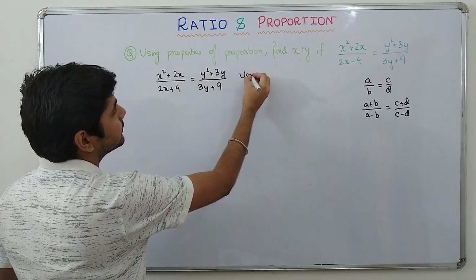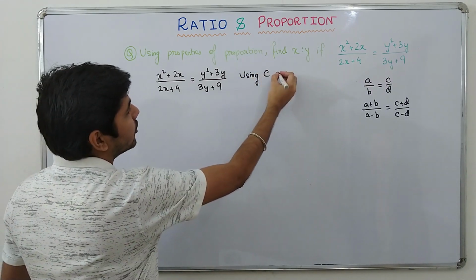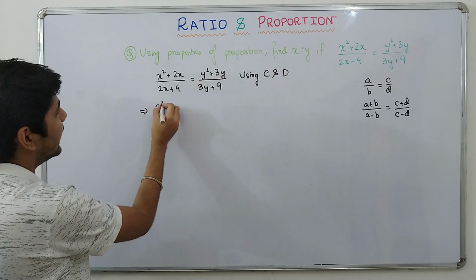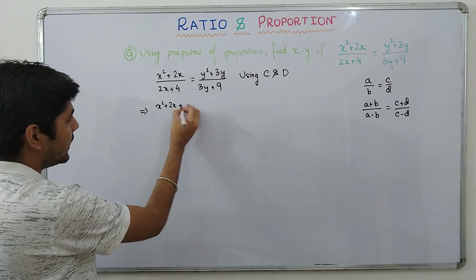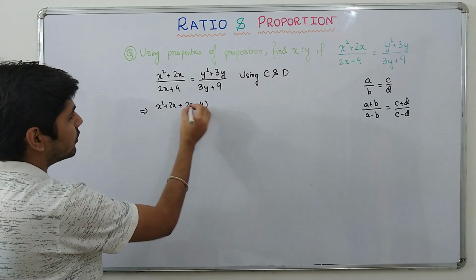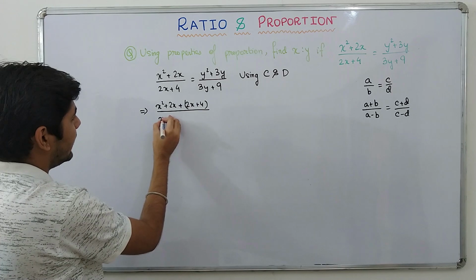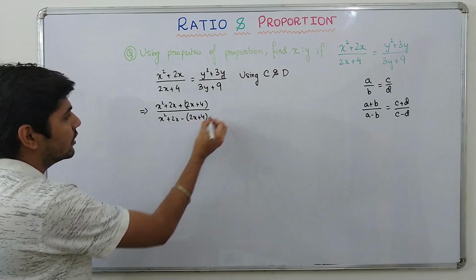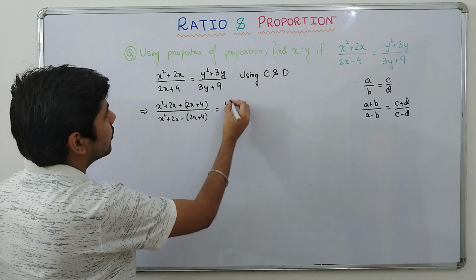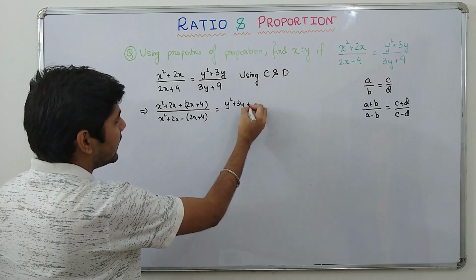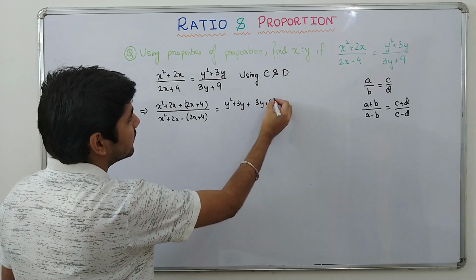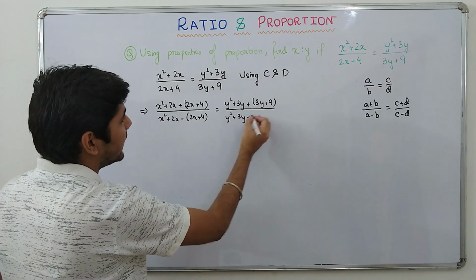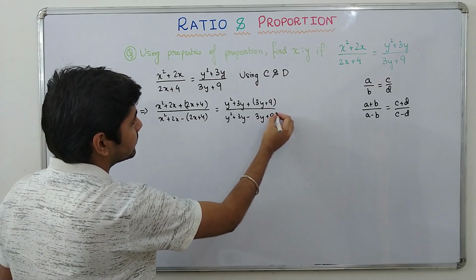So using componendo and dividendo, what do we get? We will get (x square plus 2x plus 2x plus 4) by (x square plus 2x minus 2x plus 4). Similarly over here also, (y square plus 3y plus 3y plus 9) by (y square plus 3y minus 3y plus 9).